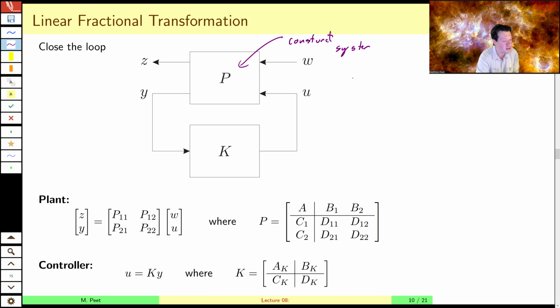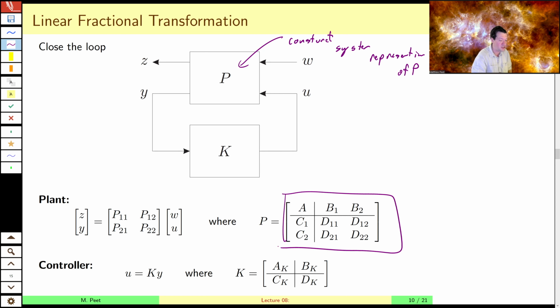But the first step is to construct the system representation of P. And particularly, you've got to find the state space representation before we move on. And I haven't shown you, there's no general formulation for how to do that.